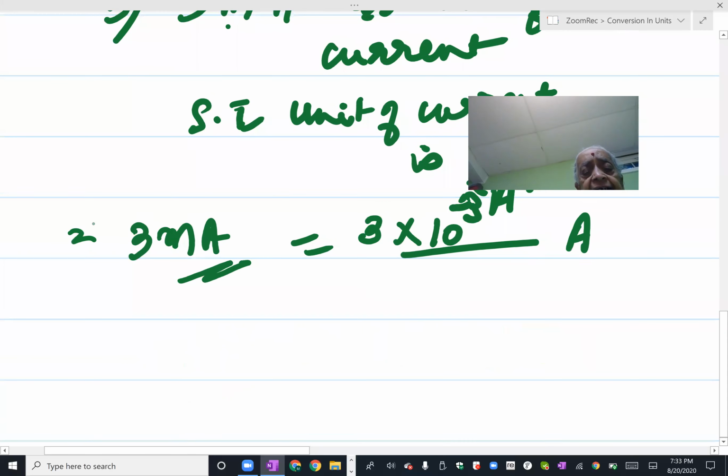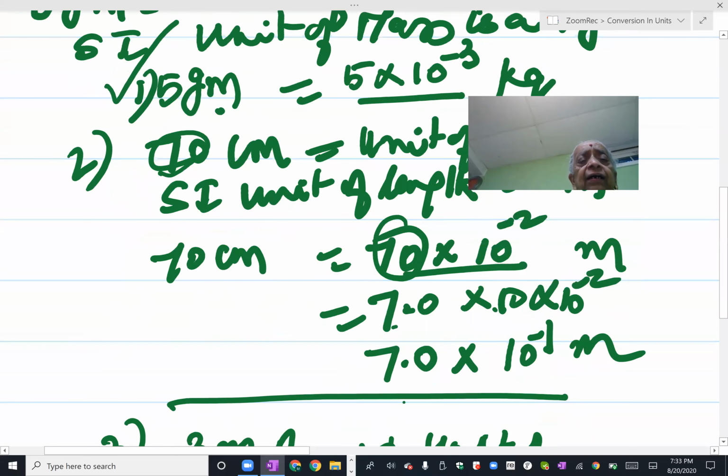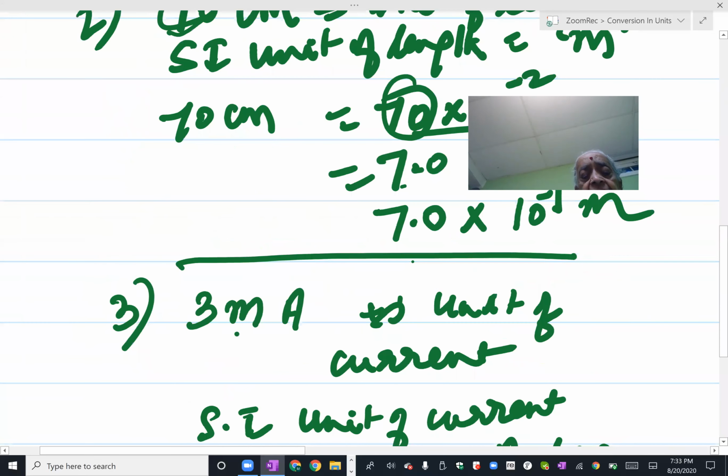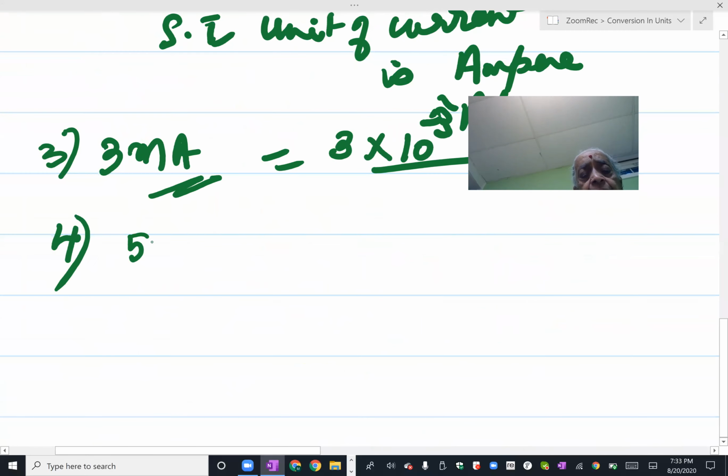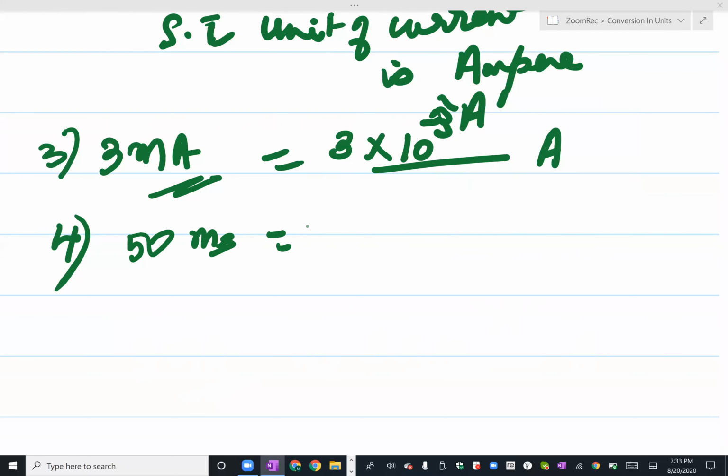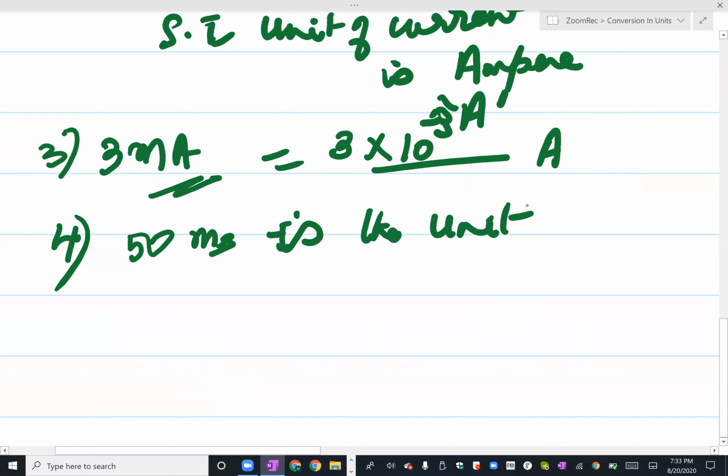This is the third one that I told. And the fourth one was the 50 milliseconds. So here you will have 50 milliseconds. So here again, this 50 milliseconds will be the unit of what quantity? As the name itself shows, seconds we already use in our time and clock and other languages that we speak.